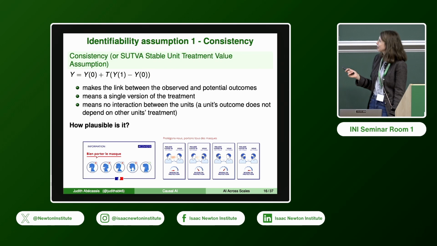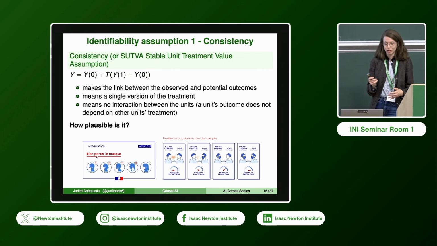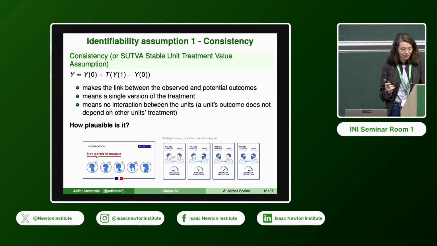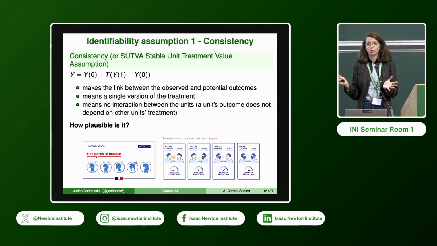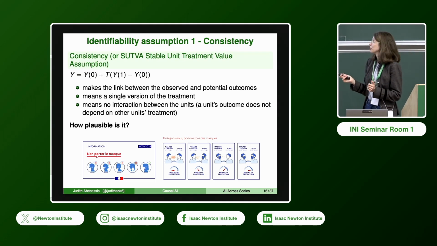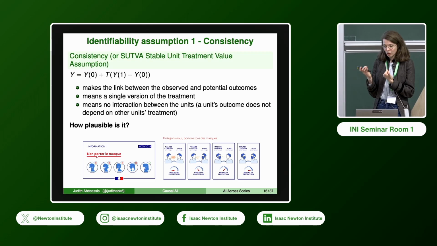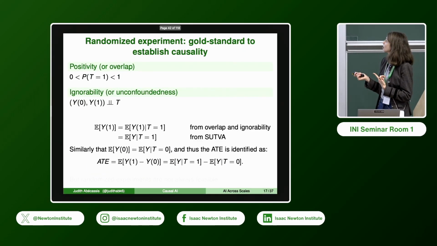So here it's one case of breach of those assumptions. You see that a lot of interesting situations don't go into this framework, but there are some additional methods to compensate for it. So remember, just one single version of the treatment and no interaction between the units.